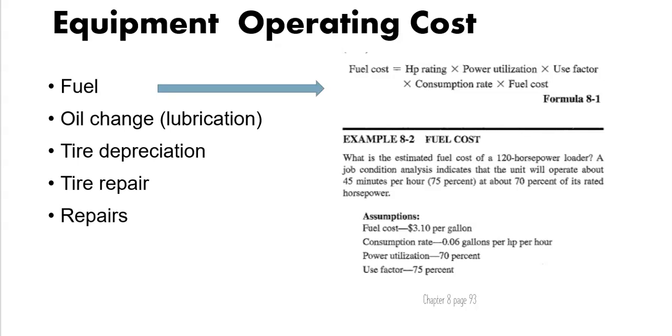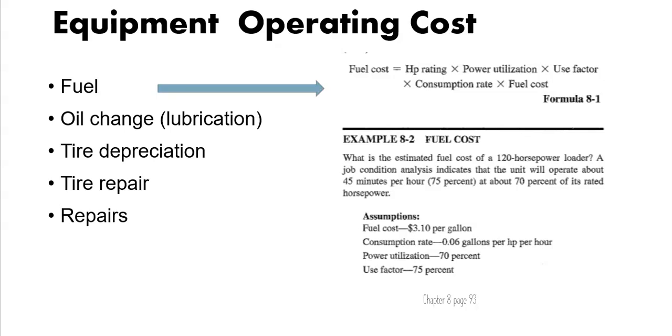I would say the big portion of the operation cost is fuel cost, and that of course may change from one location to another and may change from one equipment to another.